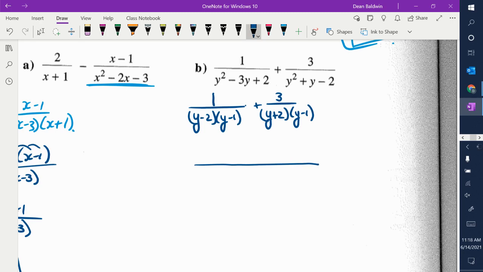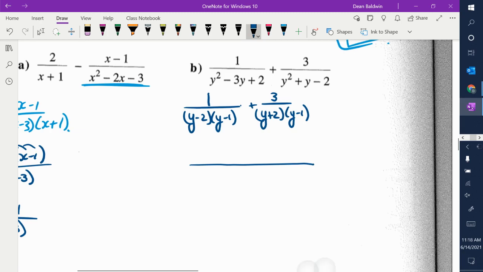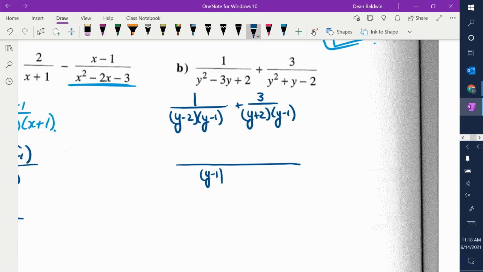So what's common in both of them right now in the denominator? Y minus 1. So that's going to be in the denominator. I'm going to need a y plus 2 in both of them. So I'm just going to write that down there, which means I'm going to have to multiply the y plus 2 up there. And the y minus 2, I will need that as well. So your denominator actually has 3 terms, and that y minus 2 goes up there.